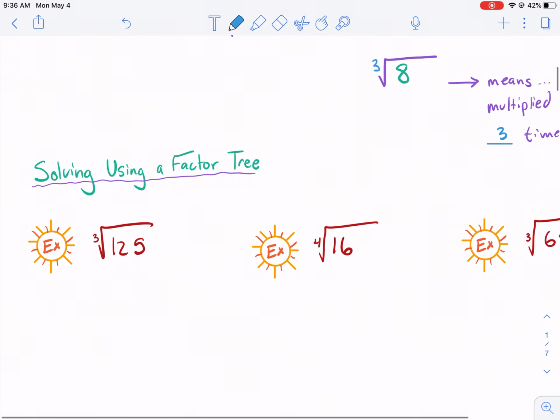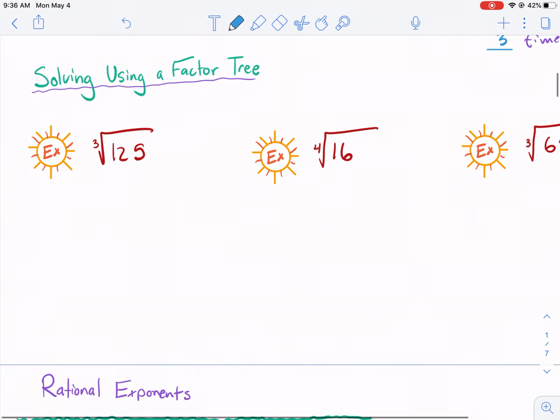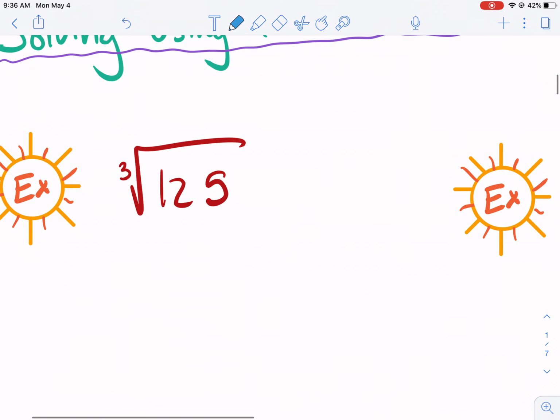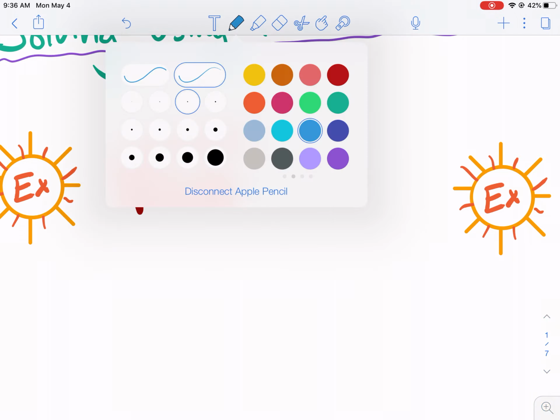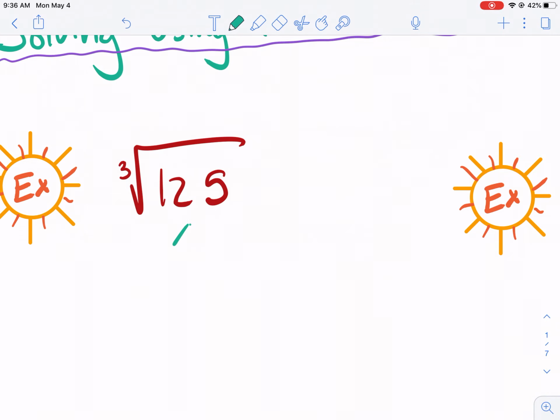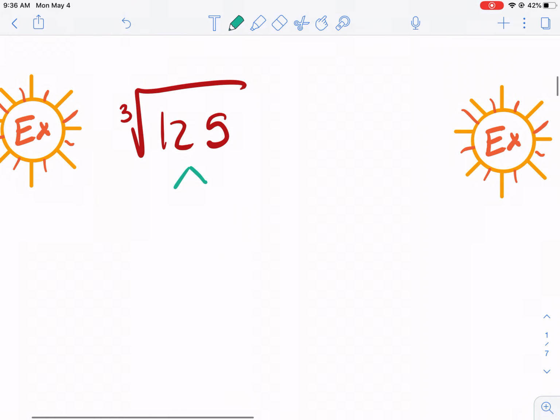Let's go over a couple examples just so we can solidify this understanding. Here we have the cube root of 125. What number times itself 3 times equals 125? If you're unfamiliar, one thing you can do is use a factor tree and divide by prime numbers. If we divide this by 5, which is a prime number, we get 25. Divide by 5, and we get 5.